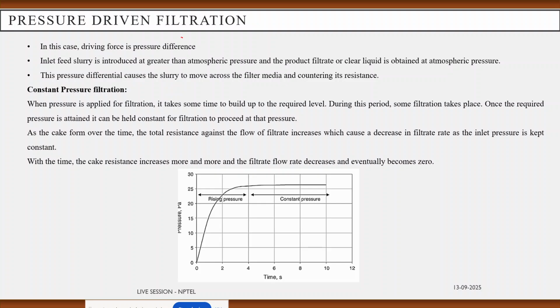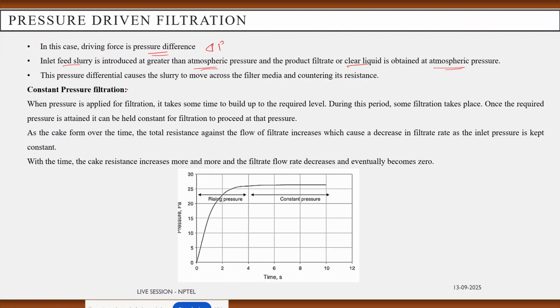Here the driving force is obviously the pressure difference, termed as delta P. The inlet feed is introduced at a pressure greater than atmospheric pressure, and the filtrate, the clear liquid that is obtained, is collected at atmospheric condition. So this pressure difference causes the slurry to move across the porous media or the filter medium, countering its resistance.